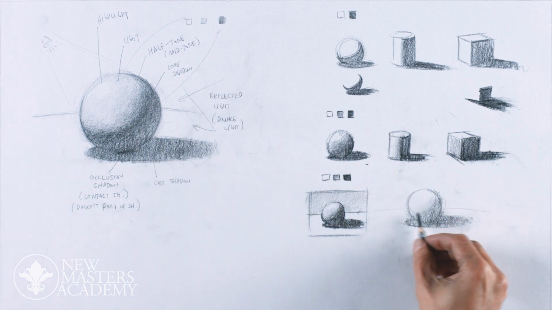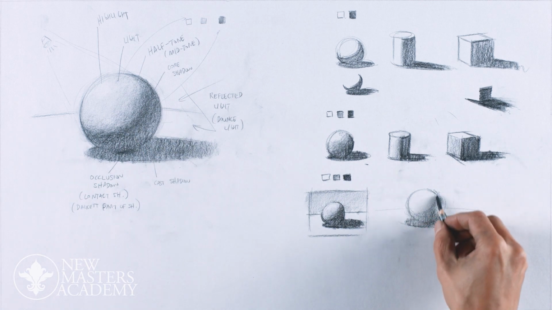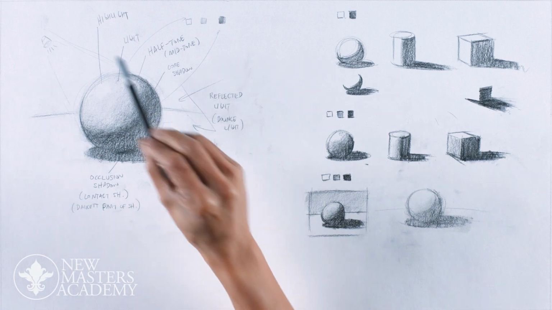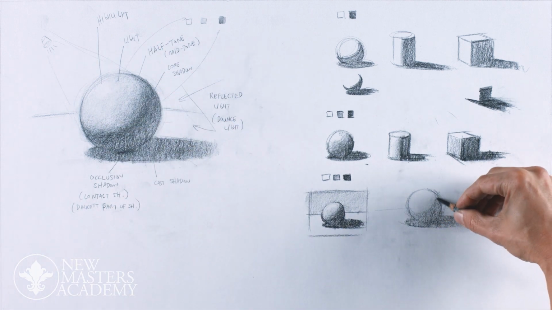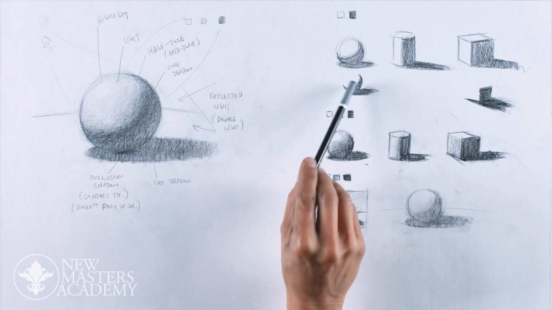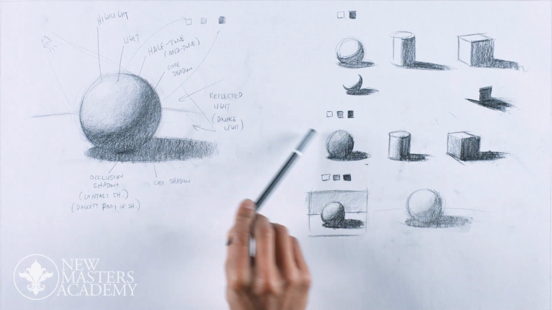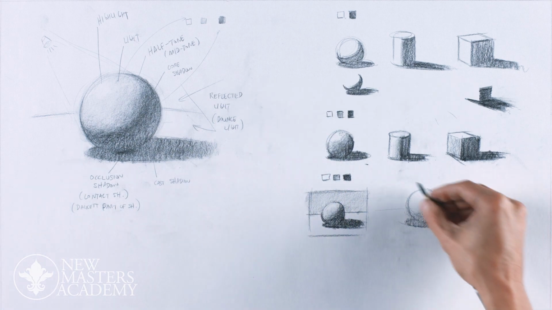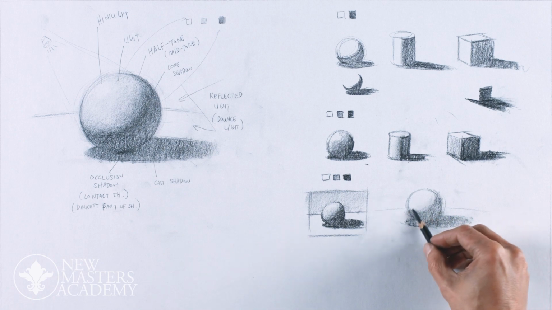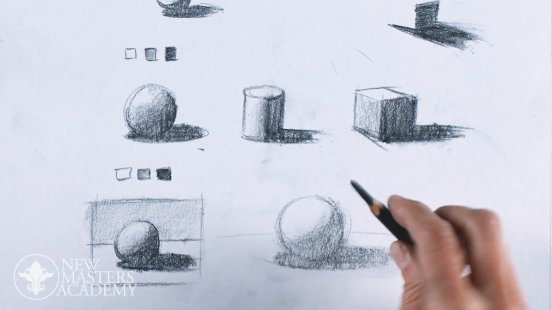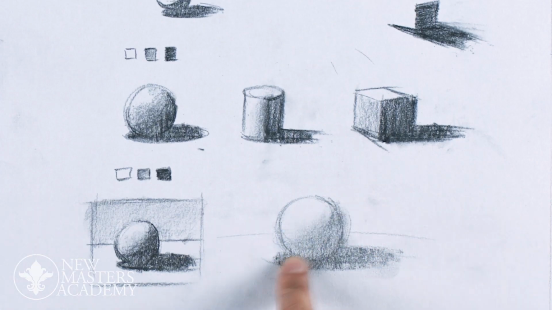I draw in the core shadow, which is the border, right? And sometimes I start this way, making it hard, and you saw how we made the halftone. Adding the halftone made it softer. So that's kind of what I did here, using halftone to make it softer.